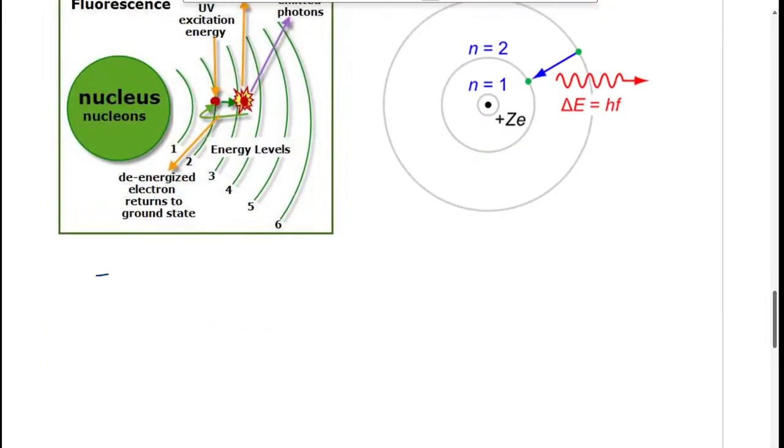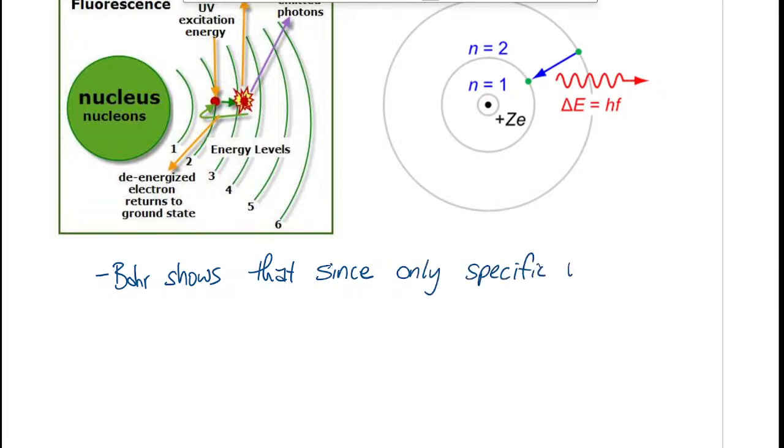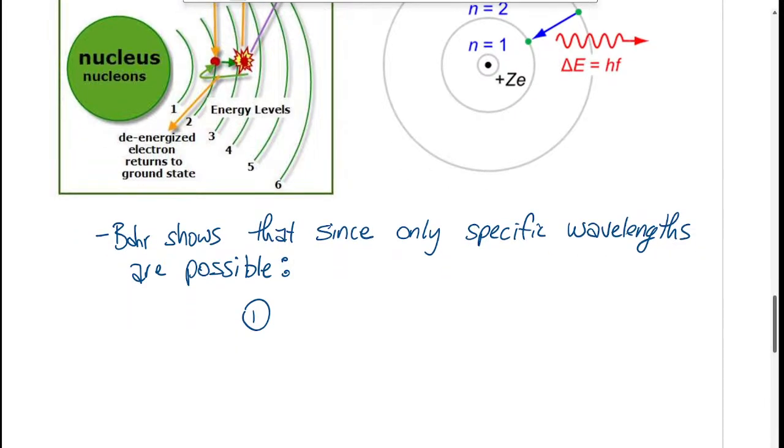So Bohr shows that since only specific wavelengths are possible, only certain orbital distances are possible.